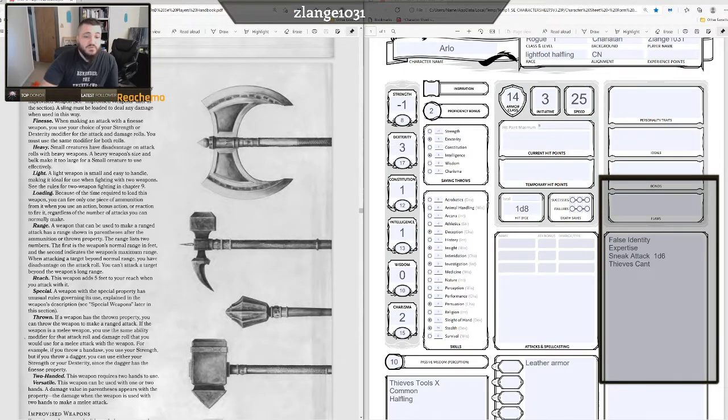Heavy. Small creatures, which we are, as a halfling, have disadvantage on attack rolls with heavy weapons. A heavy weapon's size and bulk make it too large for a small creature to use effectively. So, something that used to happen in 3.5 is armor and, well, mostly weapons. Armor is still done this way, but weapons are made for the size of the character. So, since a halfling is small, it would have a small-sized dagger.